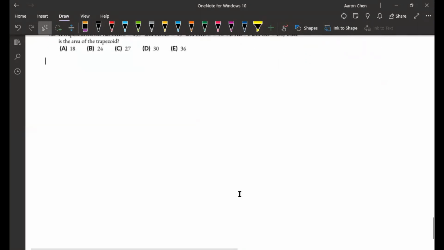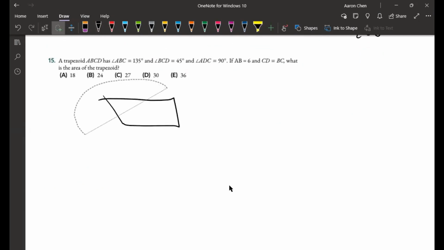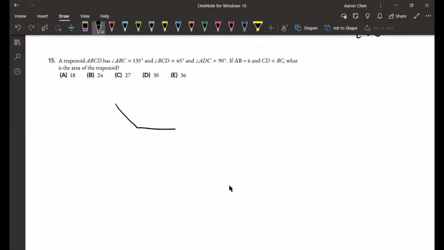So 15. You have a trapezoid ABCD. A, B, C, D. So this angle is 135, this angle is 45, and this angle is 90.